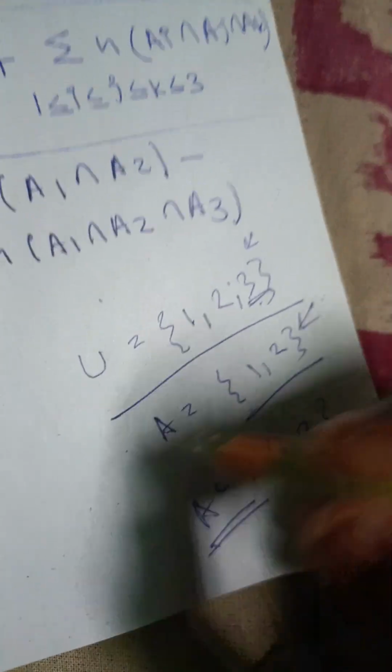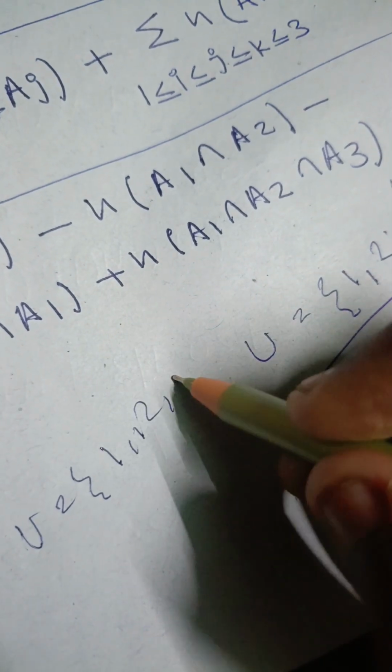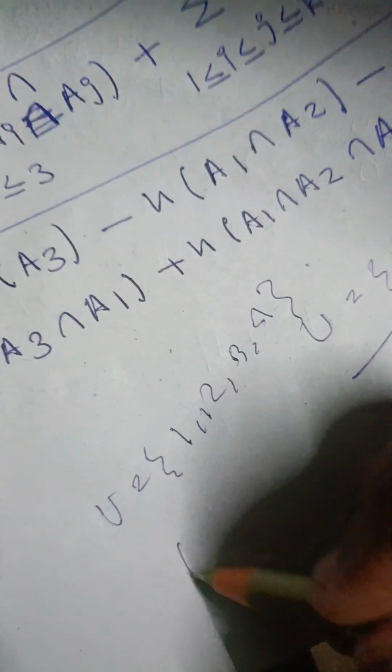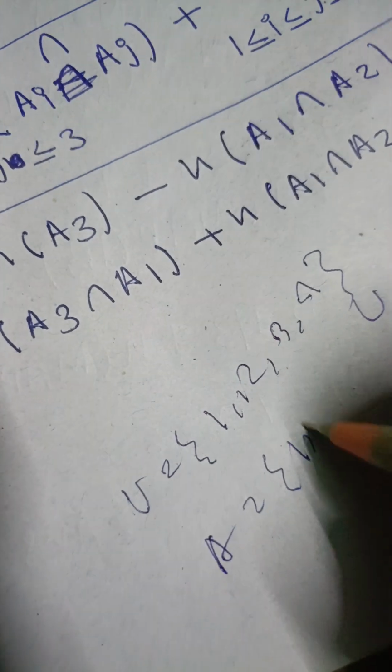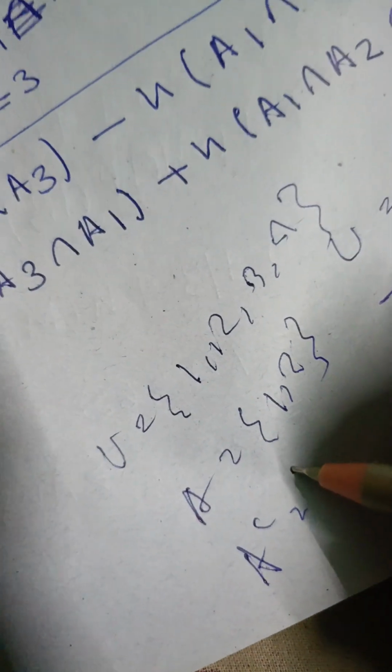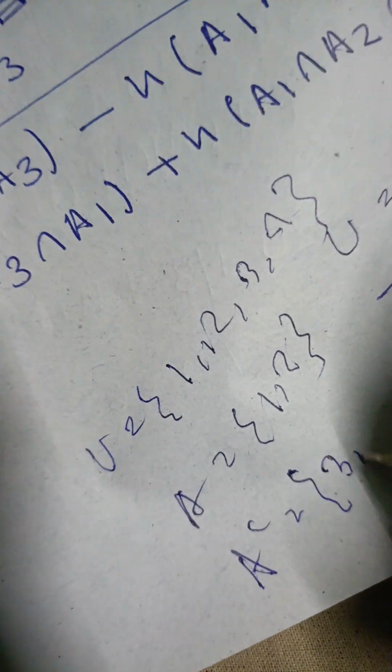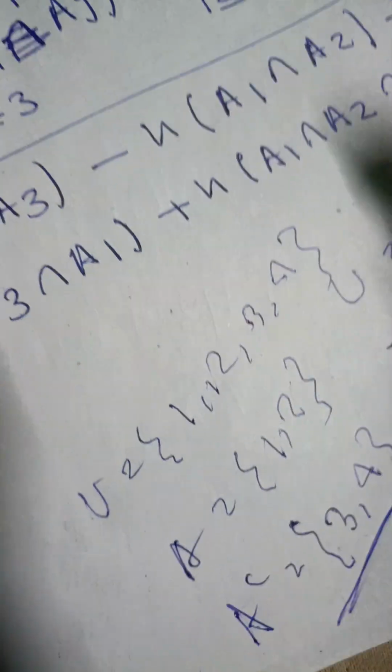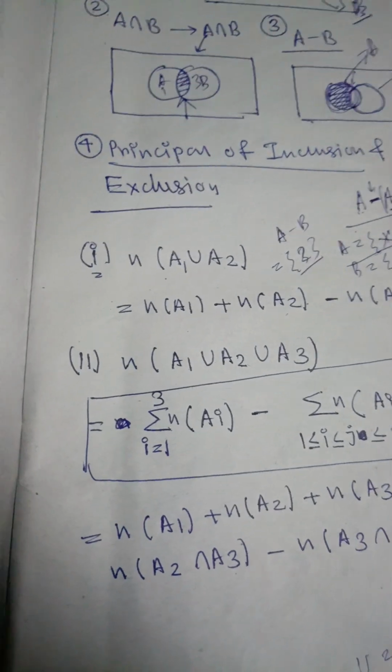That is 3. Like if the universal set is 1, 2, 3, 4 and A is 1, 2, then A complement should be 3, 4. You got me? Okay, so you have understood that part.